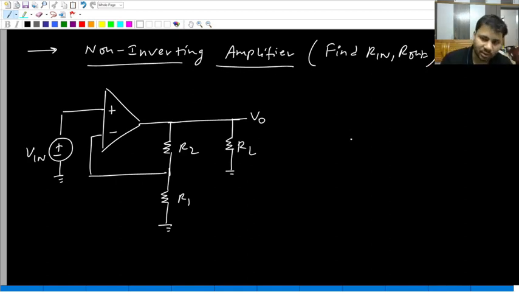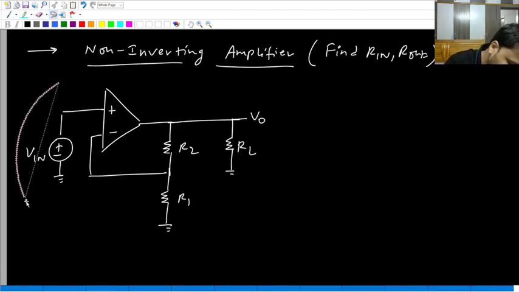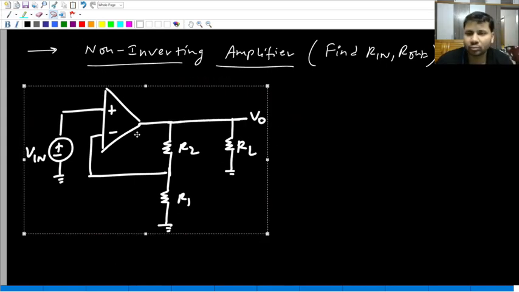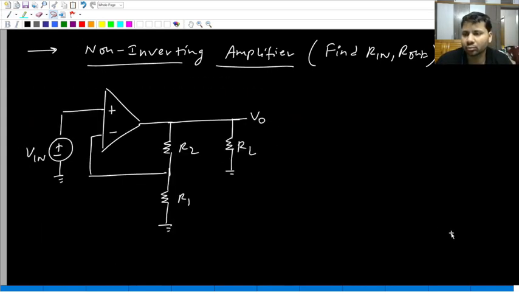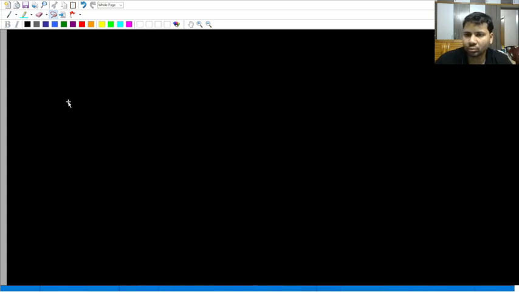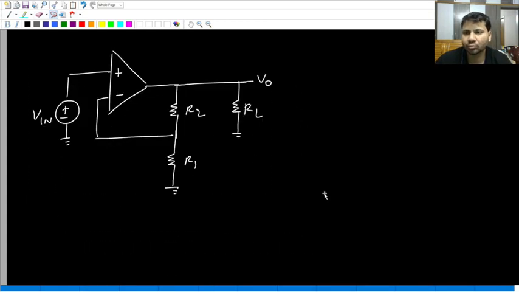What is the input resistance? Is it not infinite? Because what is the method of finding input resistance? Equivalent resistance seen by the input source. Yes or no? So to find the input resistance, we have to replace the input source with Vt like this.